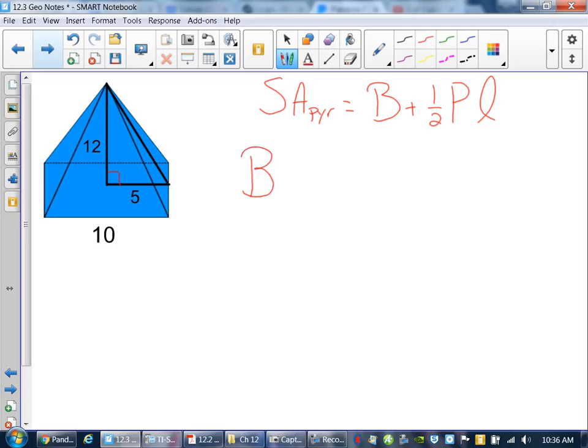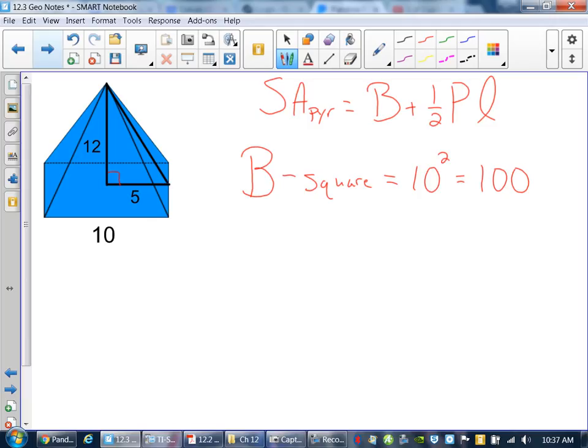My base is a square, which in this case is 10 by 10, so I would just write 10 squared, or 10 times 10. And just like you said, it winds up being 100. It's quick, okay?